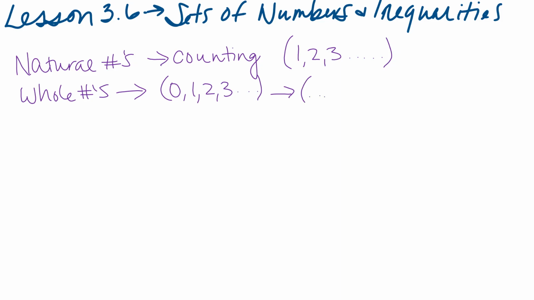Dot, dot, dot. It shows infinity. -3, -2, -1, 0, 1, 2, and 3. Dot, dot, dot. Okay? So it goes both ways, infinitely negative and positive.